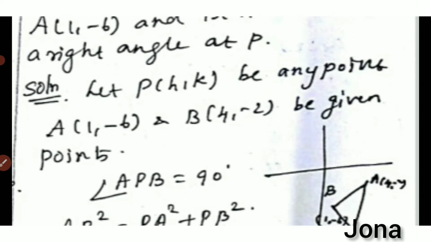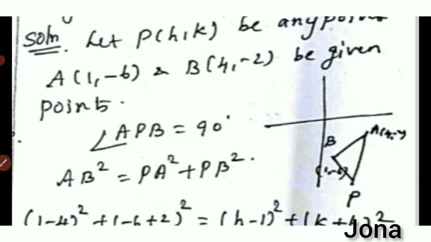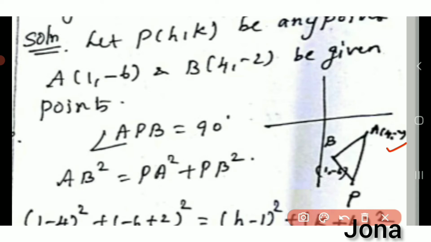So we can have, as usual, P(h, k) be any point there, and here in the diagram, this is the point B and this is the point A. So A is (1, -6) and B is (4, -2).